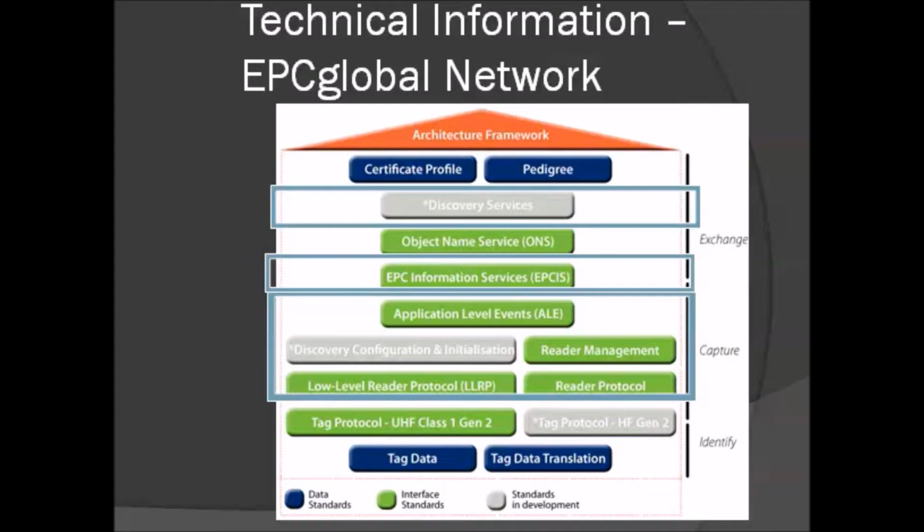Here is the EPC Global Network Architecture Framework. Corresponding to the system, we need to identify each individual tray item. Then we need to capture the information from the RFID tag.